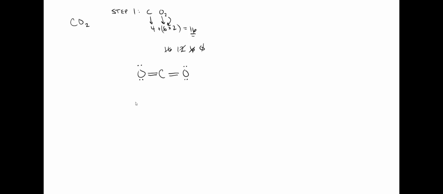So we've got all 16 electrons accounted for, none over the limit and none below the limit. And finally, does every atom have an octet? Oxygen has 2, 4, 6, 8. Carbon thinks it has 2, 4, 6, 8. Oxygen has 2, 4, 6, 8. So this is a valid Lewis structure for carbon dioxide.